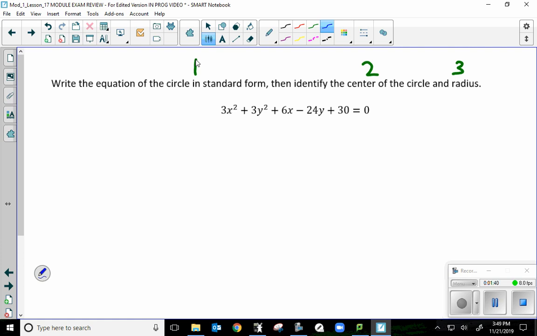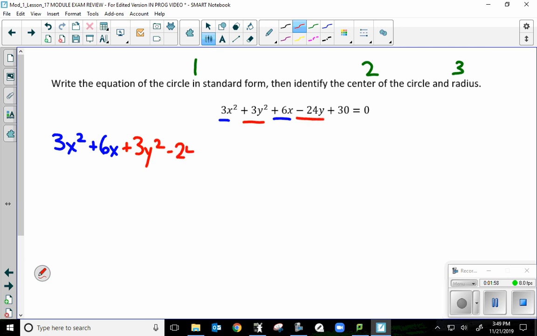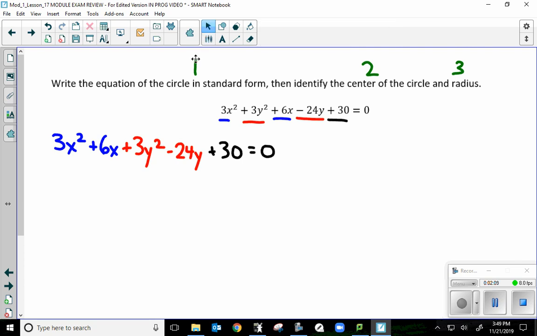So I have 3x squared plus 6x, and I also have a 3y squared and a minus 24y, and then I have this little doohickey thing in the end, plus 30 equals 0.